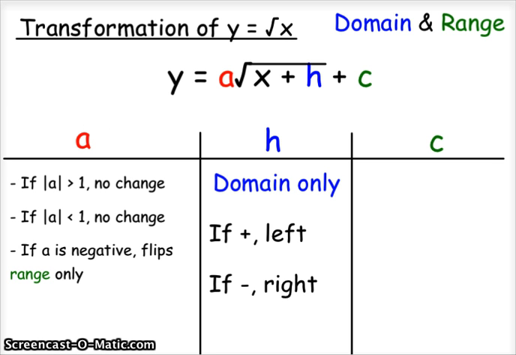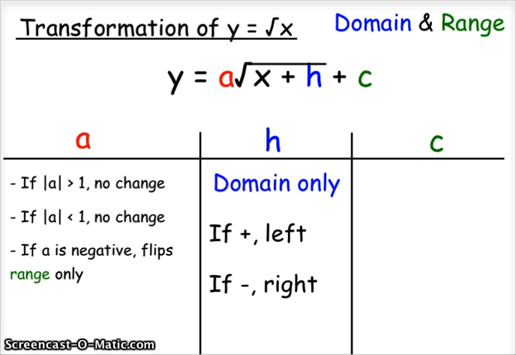Our h term, again, remember, only affects the domain. If it's positive, it'll move the domain left, and if it's negative, it moves the domain right. Again, that's flipped from how it should be, which means if I have a positive h term, I'm actually making a negative in my domain term.